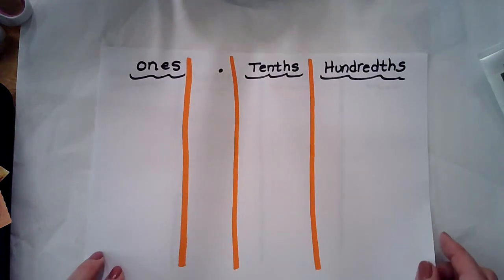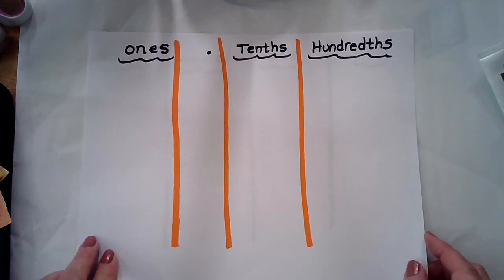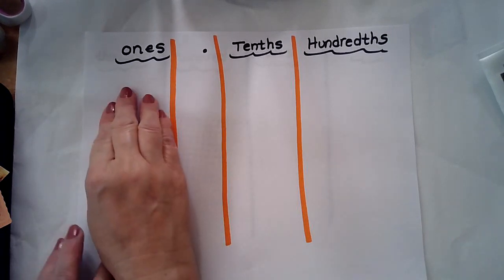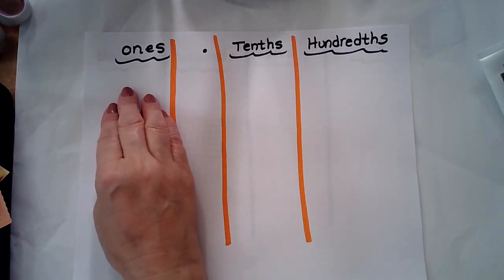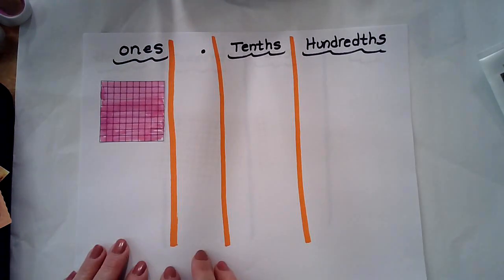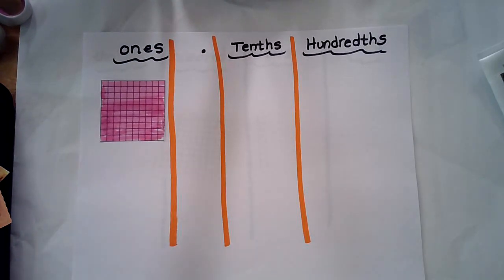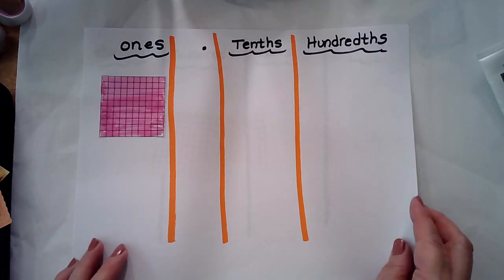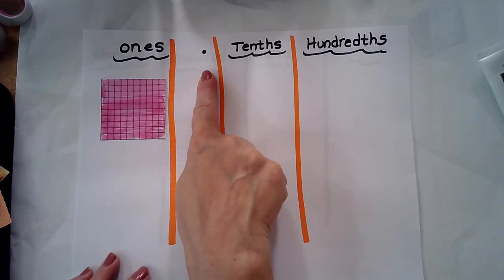So here is the place value chart that we are going to be using when we talk about tenths and hundredths. Here's the ones, and that was a whole number. We're going to represent ones by this flat, the hundredths flat. That represents one whole piece. Next, you have your decimal point. That's the dot, decimal point.